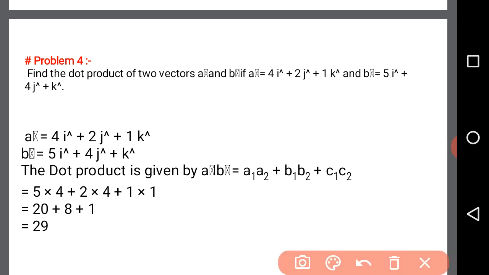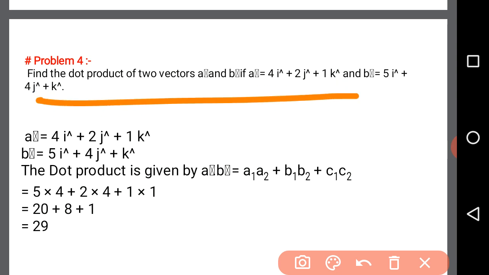You can find out the dot product simply. This will be homework for you. Find the dot product of two vectors A equal to 4 i cap plus 2 j cap plus 1 k cap, and B equal to 5 i cap plus 4 j cap plus k cap. So A dot B is equal to A1 A2 plus B1 B2 plus C1 C2.